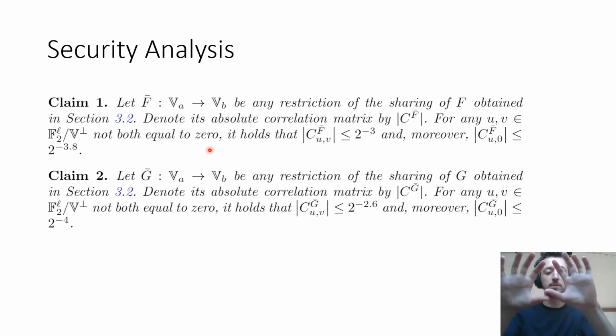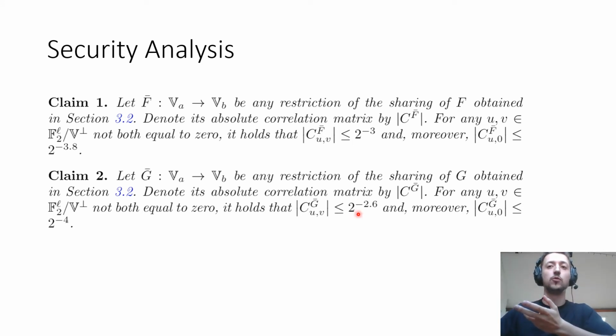Recall that we have split the S-box into 2 cubic parts, x to the power 26 and x to the power 49. We are calling these F and G. And we want the maximum absolute correlation of these sharings to be no bigger than 2 to the minus 3 and 2 to the minus 2.6 respectively.